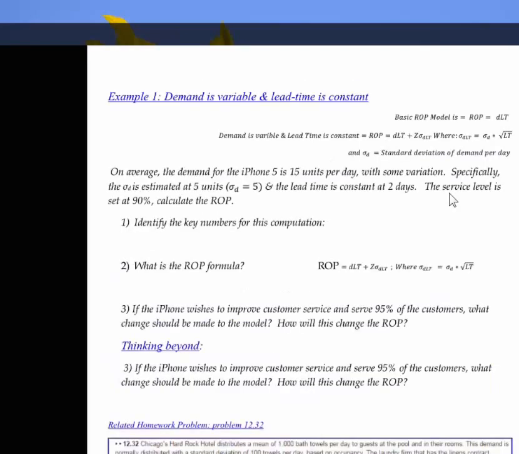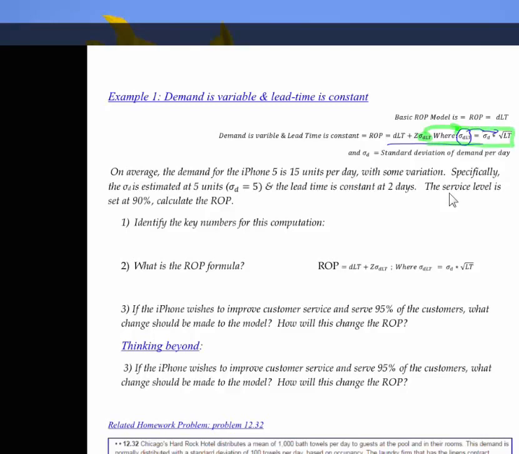The reorder point will be calculated as daily demand times lead time plus Z times the standard deviation of demand during the lead time, where the standard deviation of demand during the lead time is defined as this right here, standard deviation of demand times the square root of lead time. So every problem requires some calculation of this right here.